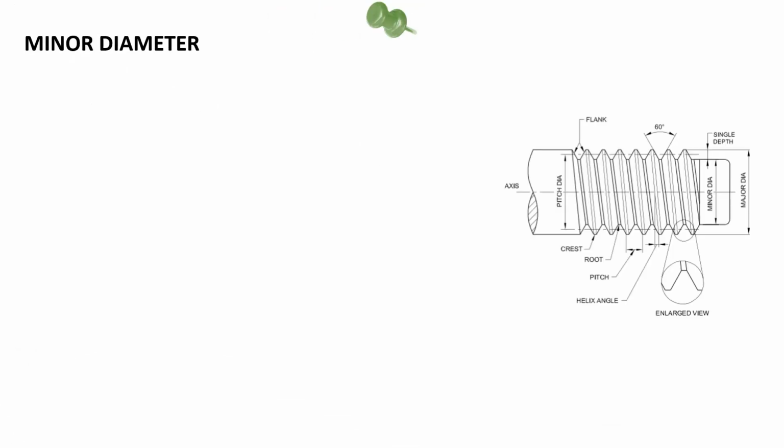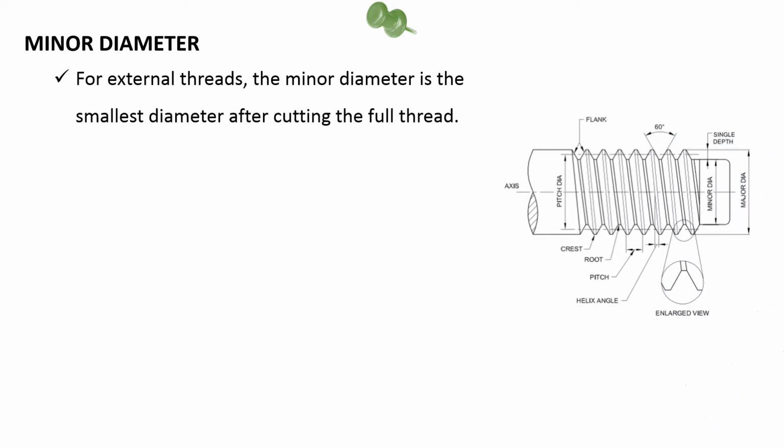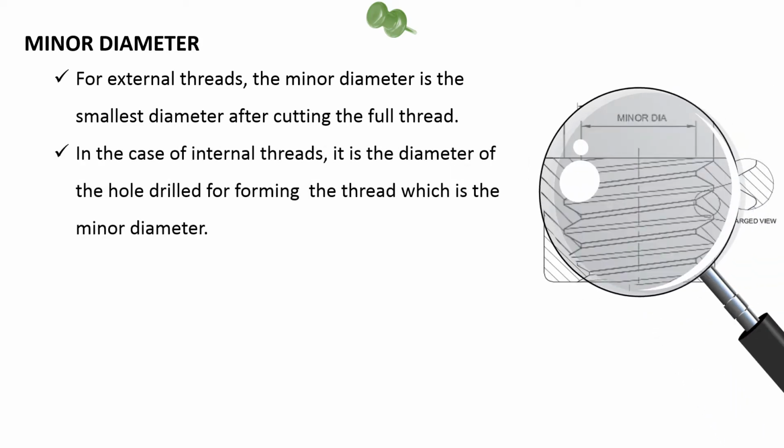Minor diameter. For external threads, the minor diameter is the smallest diameter after cutting the full thread. In the case of internal threads, it is the diameter of the hole drilled for forming the thread, which is the minor diameter.